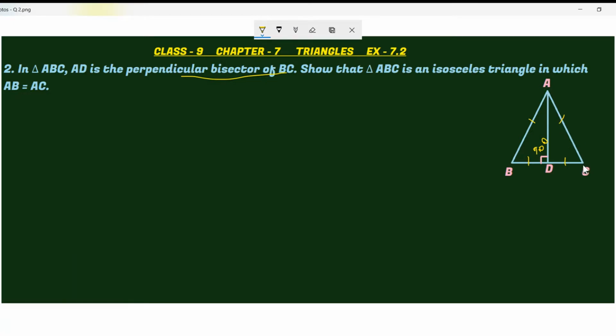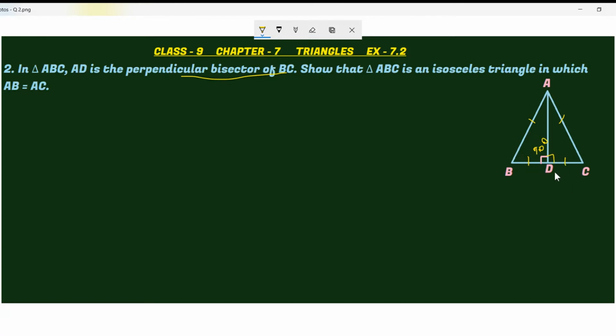For that, what we are going to do? We are going to take this triangle ABD and ACD. We have to take these two triangles. You can see in these two triangles, AD is common for both the triangles, and this angle is 90 degrees in each triangle, and this side also is equal because AD is the bisector.